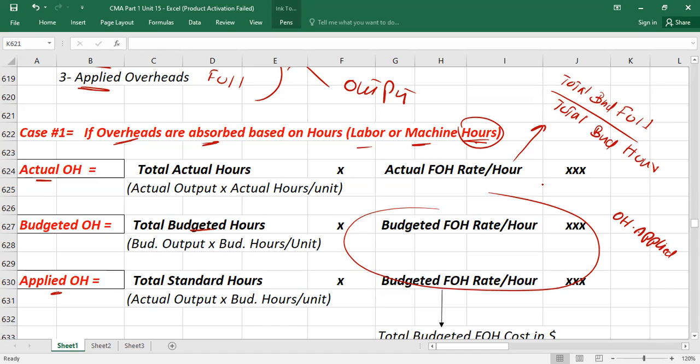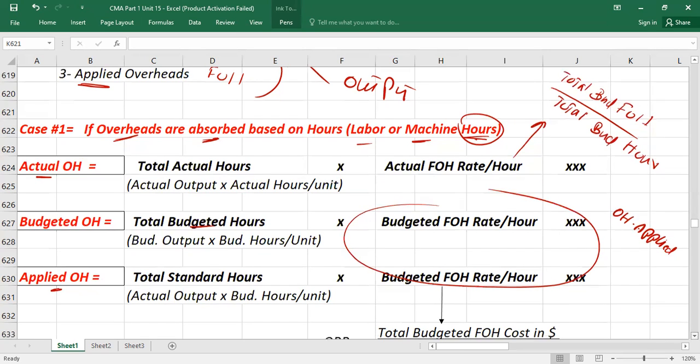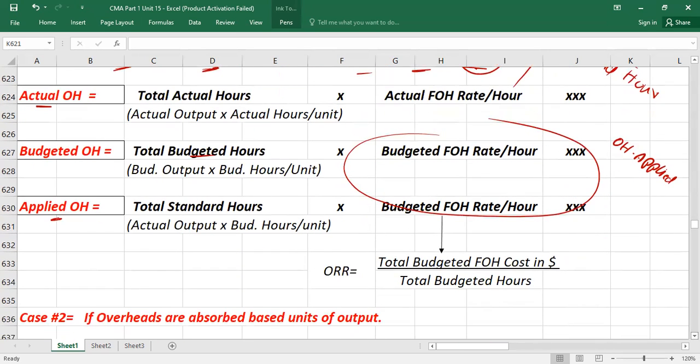Four terminologies I said here. Which four? Can you repeat with me? Budgeted rate, standard rate, applied rate, absorption rate. All these are the same thing. Understood? Okay, now guys, I told you how to calculate actual overhead, budgeted overhead, applied overhead based on hours.